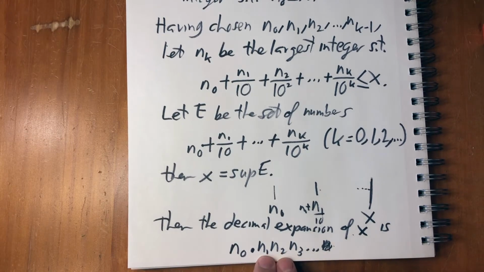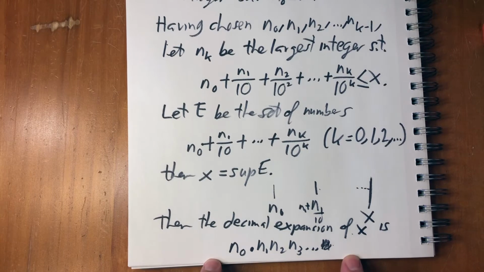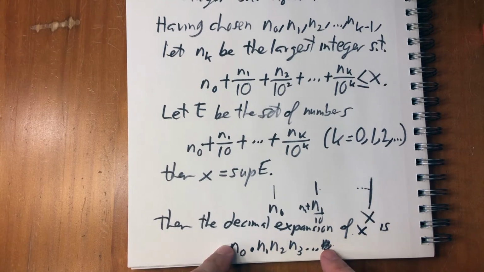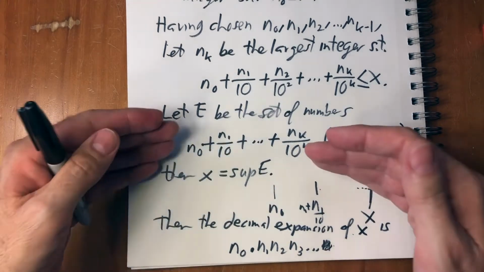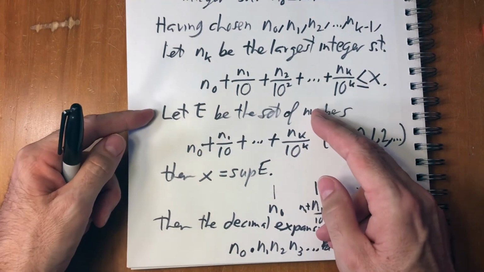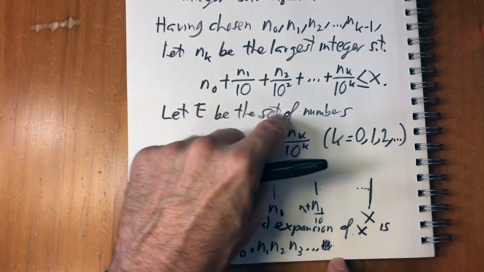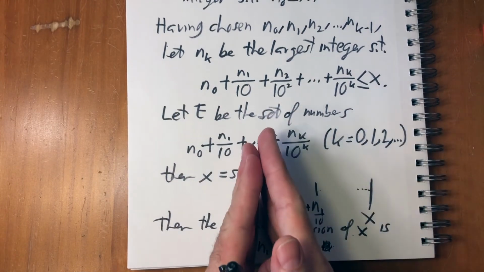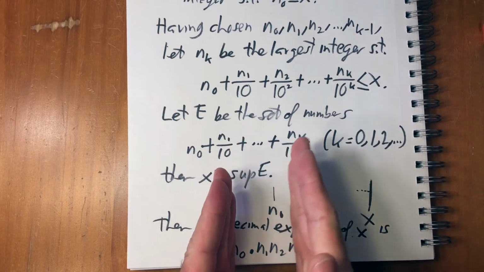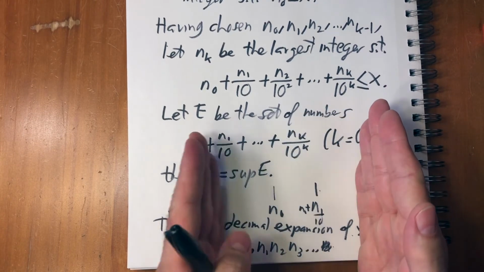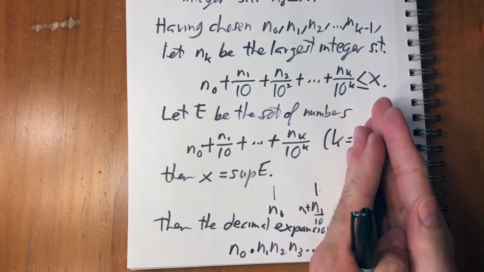Conversely, if you are given a decimal number, then that number represents some set of numbers, E. That set is bounded above because at each point, each one of these numbers is just the next fraction, never going over. There's some number that is just greater than however far you've gone with the fraction.